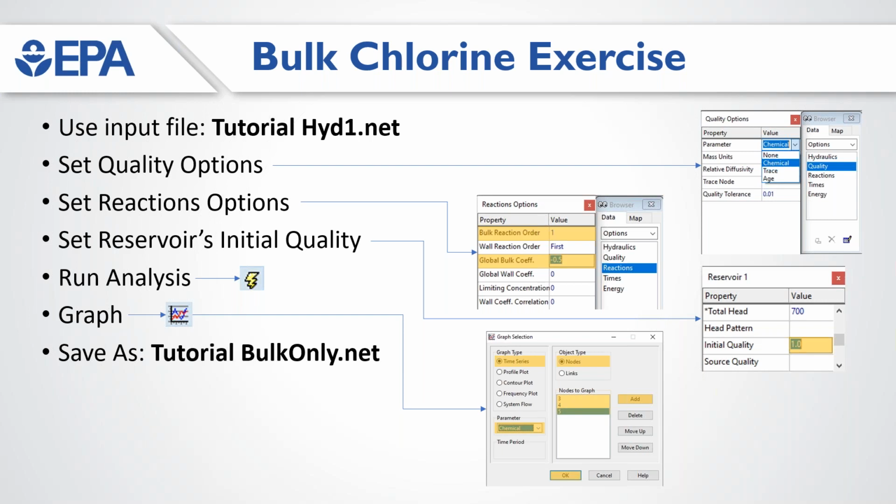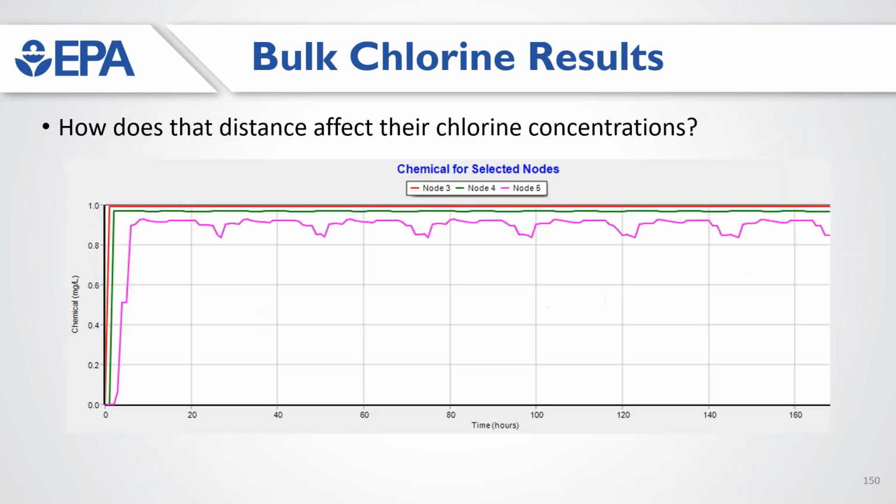Okay, hopefully you've been able to follow these steps, and now we're going to review results. The exercise showed using nodes 3, 4, and 5. Each of those are increasingly farther away from the reservoir. And now, how does that distance affect the chlorine concentrations?